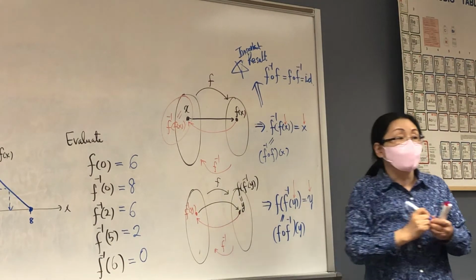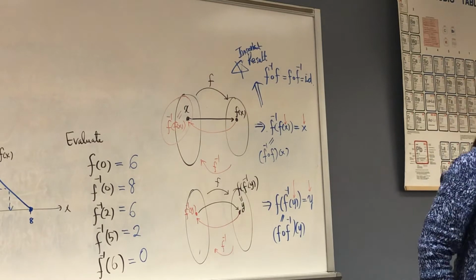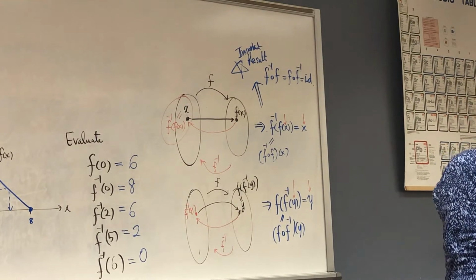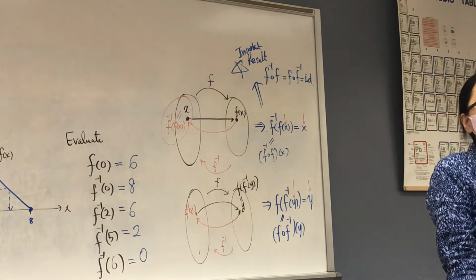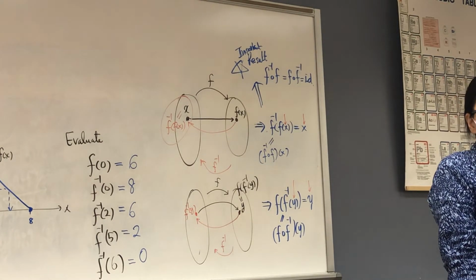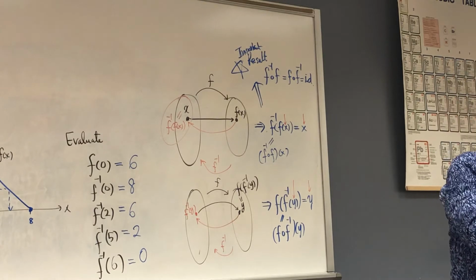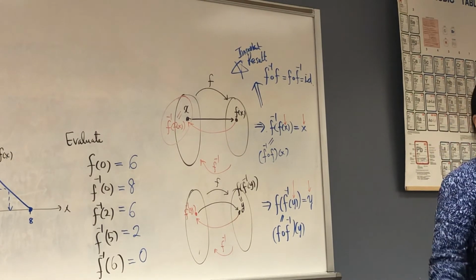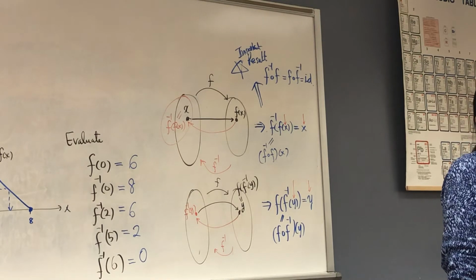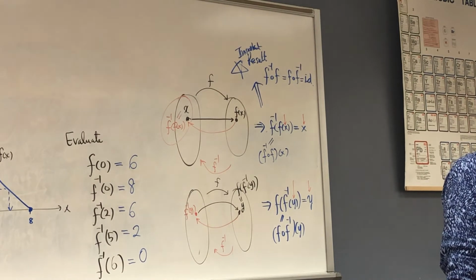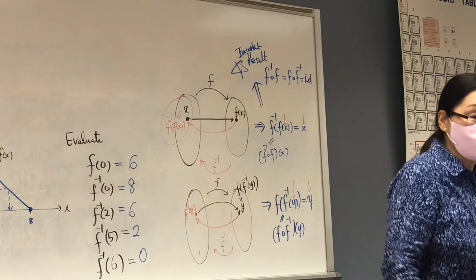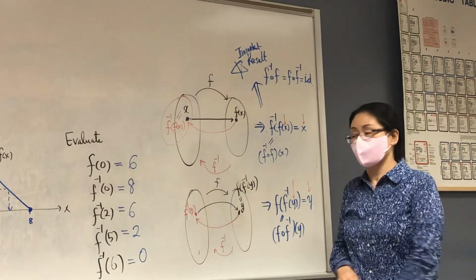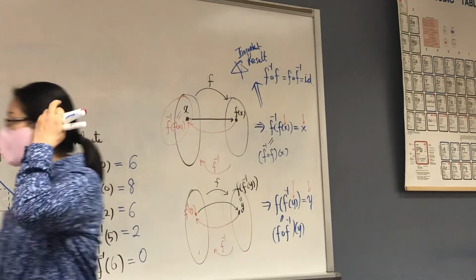In this case only, f composite f inverse or f inverse composite f is commutative. Why? Because it makes a closed loop. But in the other case, in general, no: f composite g is not equal to g composite f. But in this case it is true, as an identity.